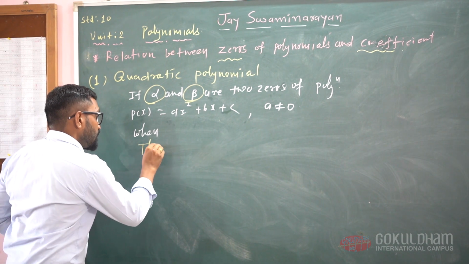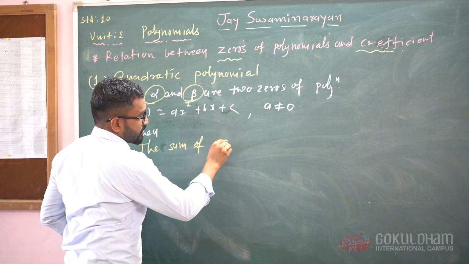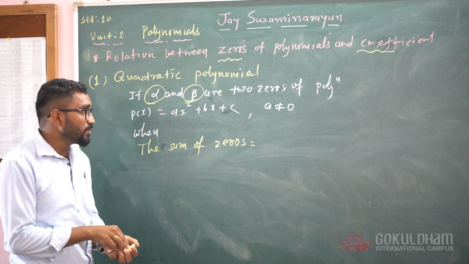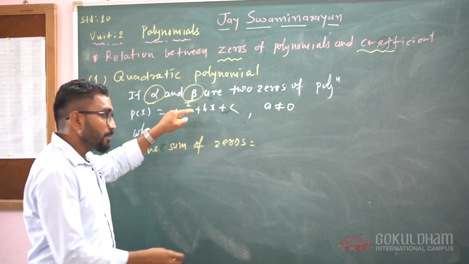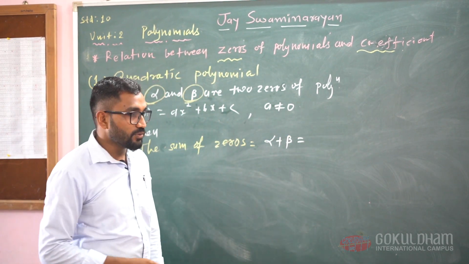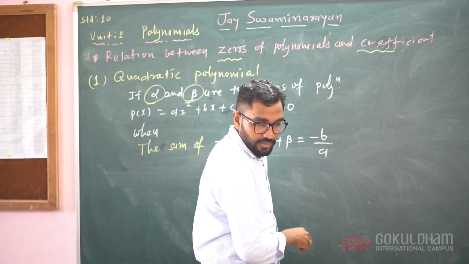First one is the sum of zeros. The sum of zeros means addition of alpha and beta. So alpha plus beta equal to minus b by a.